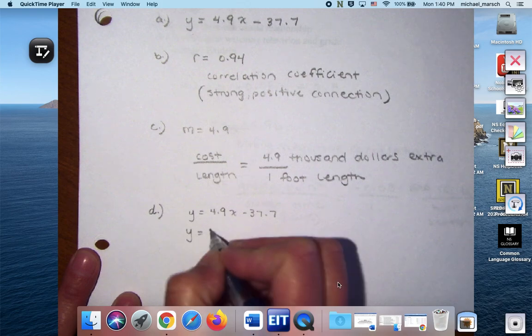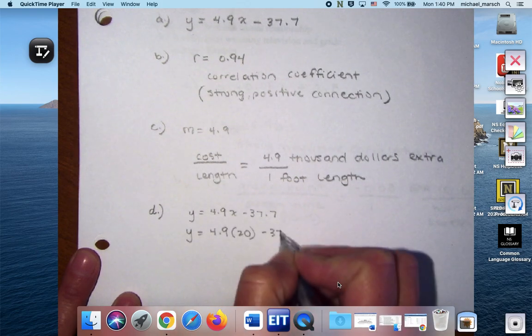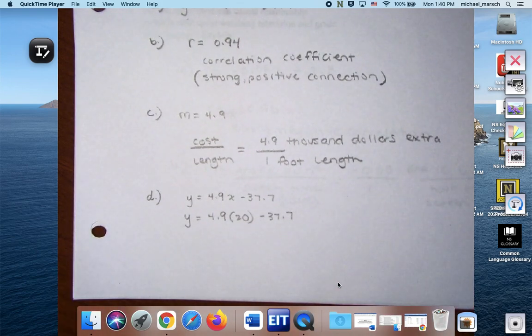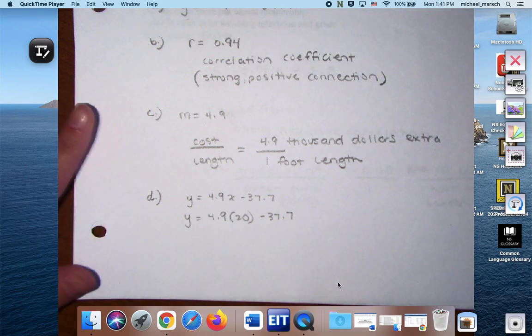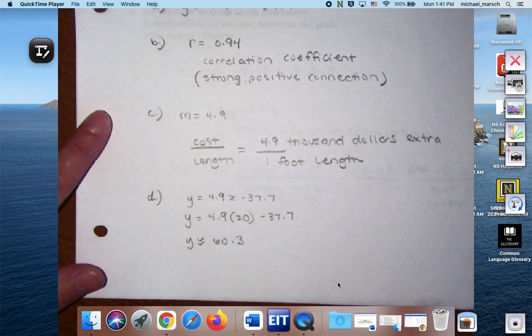I'm going to put in 20 for x. I'm going to take out my calculator real quick here. And I've got 4.9 times 20 minus 37.7. So y will be about 60.3.